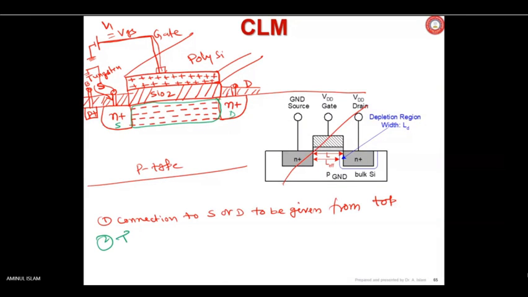That sufficient amount of gate voltage with respect to source, because the source is grounded, so the negative terminal of the battery is at the source and the positive terminal of the battery is connected to the gate, so gate to source voltage, which is called VGS.